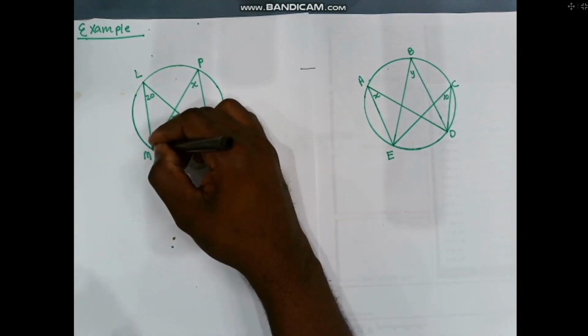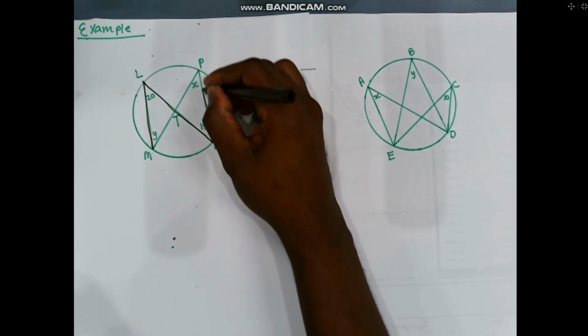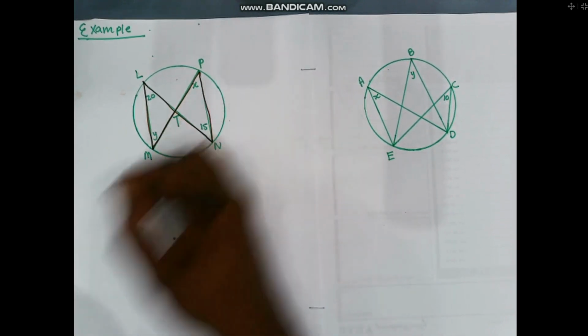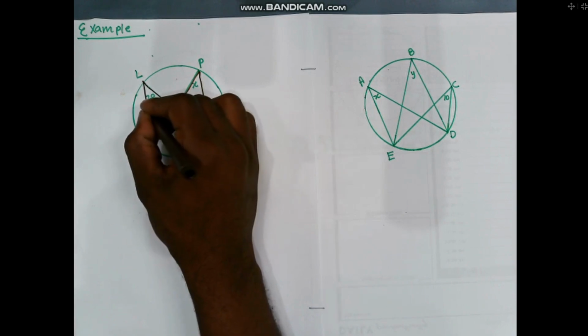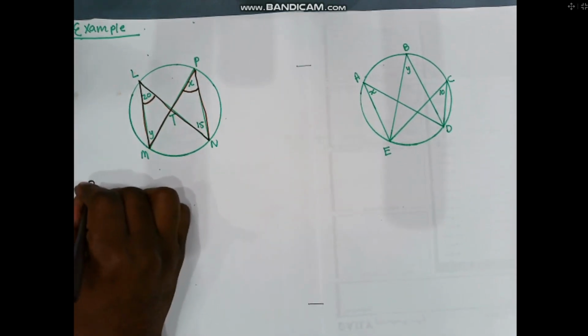This shape must form. If we have this shape, then this one is going to be equal to this one.